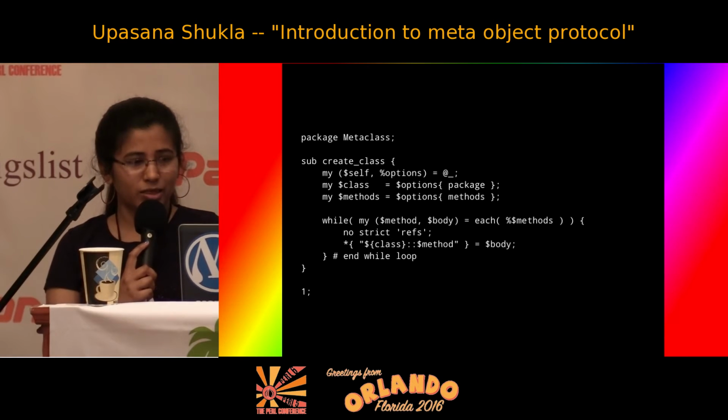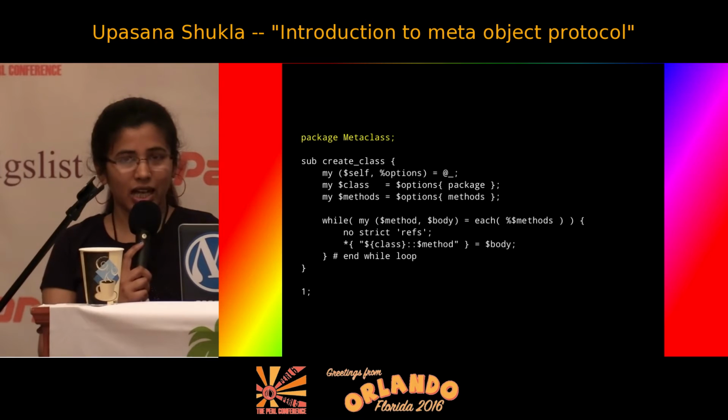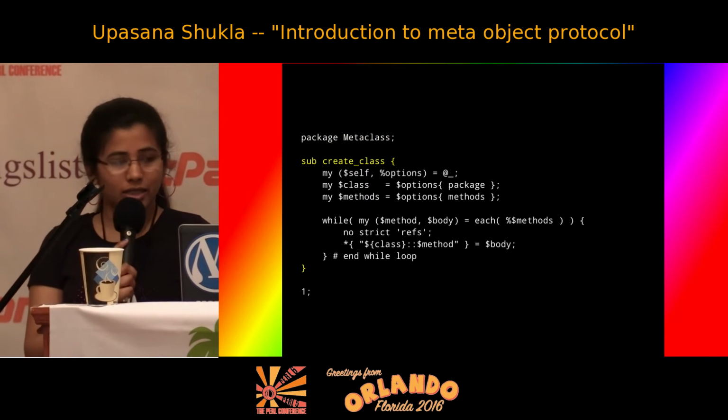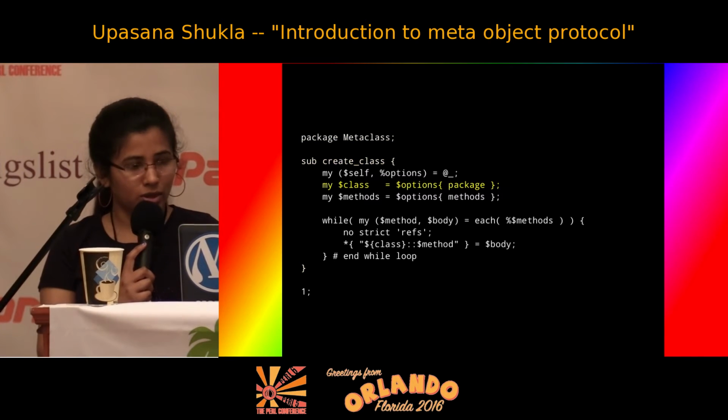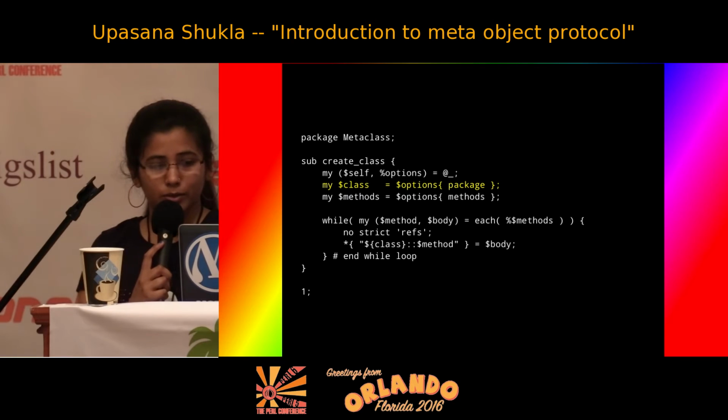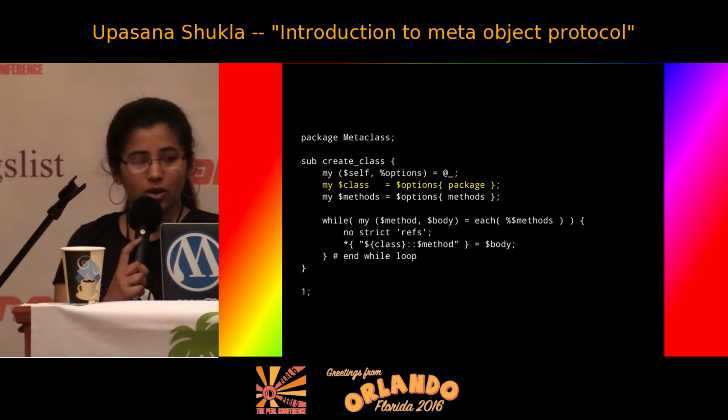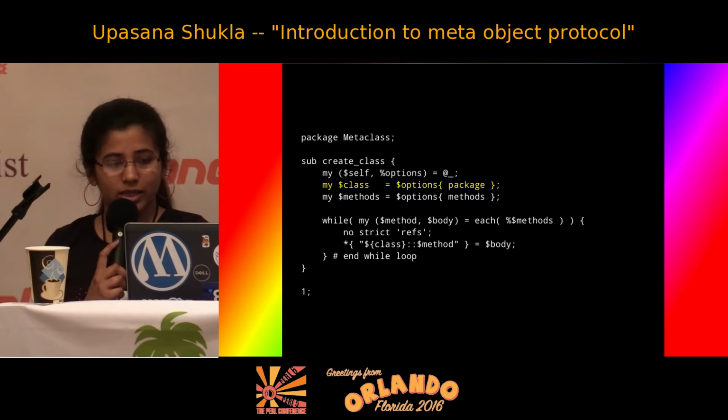So here's my basic meta class. I will use it to create classes at runtime. Let's see what it does. Here's the definition. I have a method called create class. When I call create class, I can pass a hash as the argument.